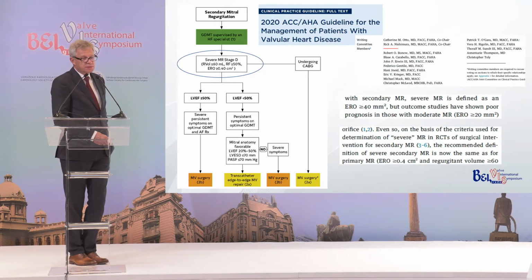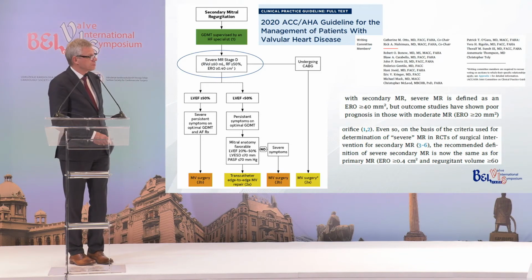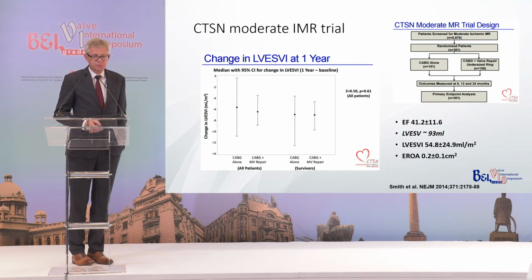The only addition here is a regurgitant fraction of more than 50%, which is probably softening the message a bit. But if I hear correctly, the European guidelines are probably going to move in the same direction as well. And all this comes from 2 trials.